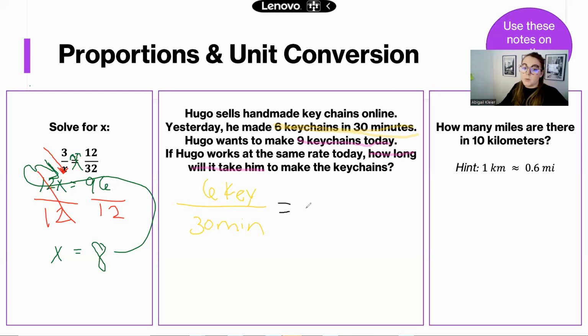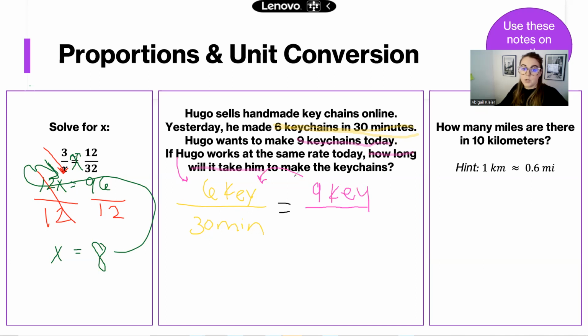When we're setting up our proportion, it's very important that we put the same item that we're comparing in the same location in our proportion. Let's look at that first fraction that we wrote. We put the number of keychains in the numerator and the number of minutes in the denominator. We're going to do the same thing with our second fraction. The second fraction, I've highlighted in pink. 9 keychains is what we want to make, so I'm going to also put that in the numerator.